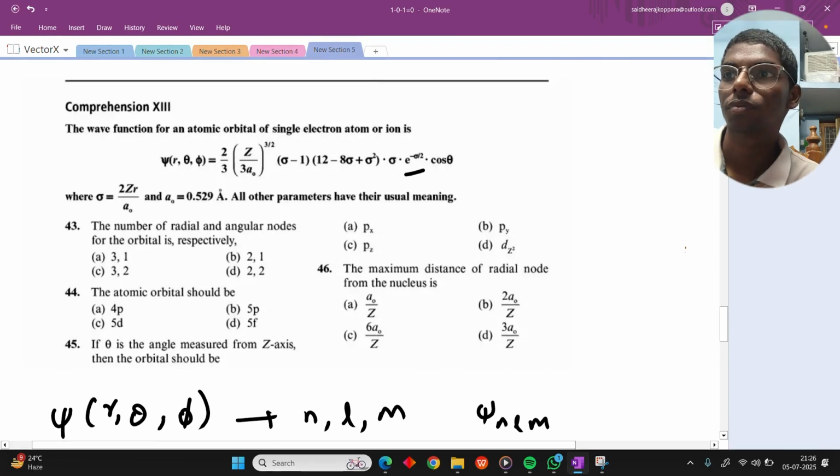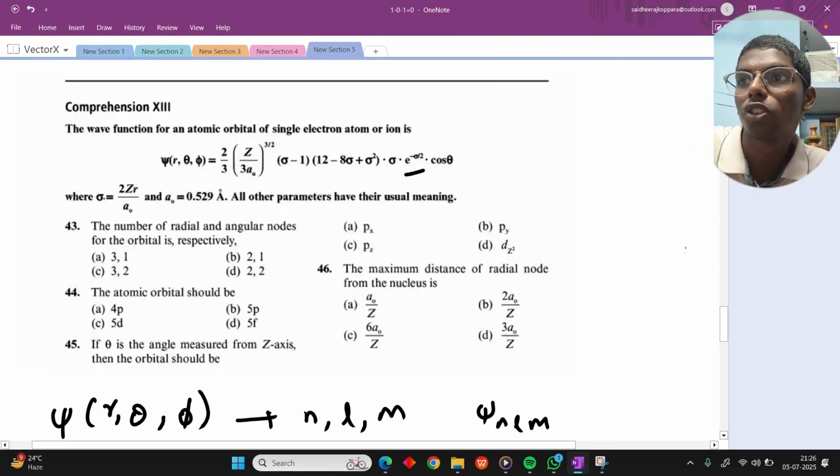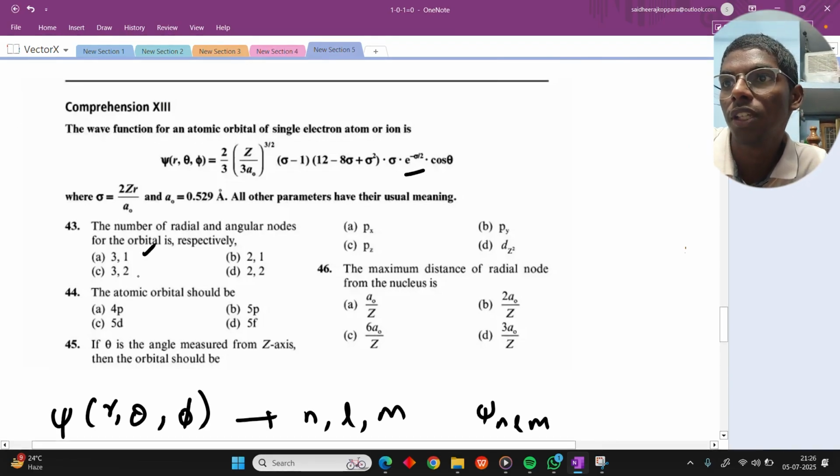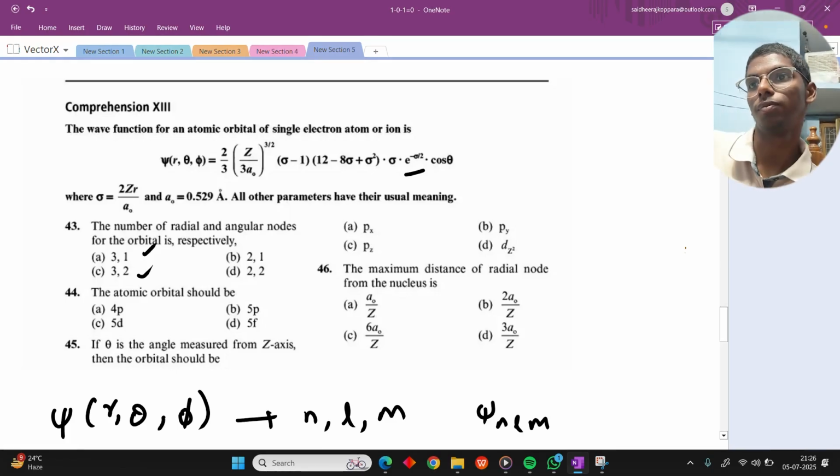Yeah. So here in this 43rd question, you are having two options, both A and C, as the number of radial nodes will be 3.